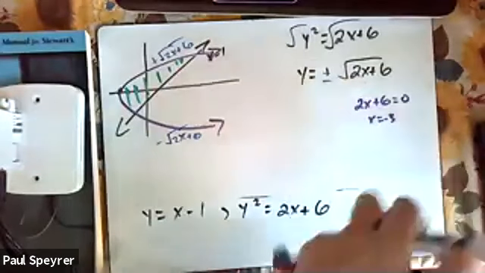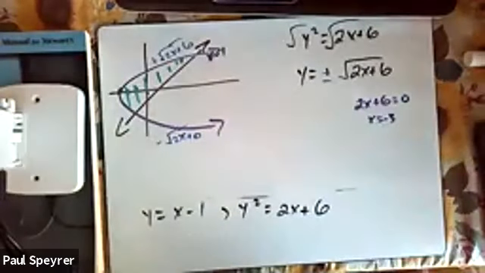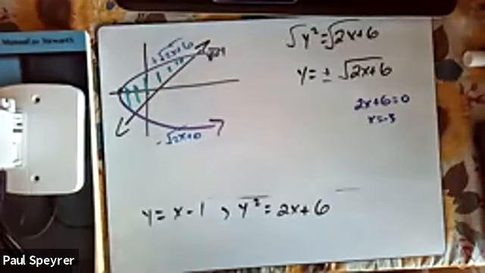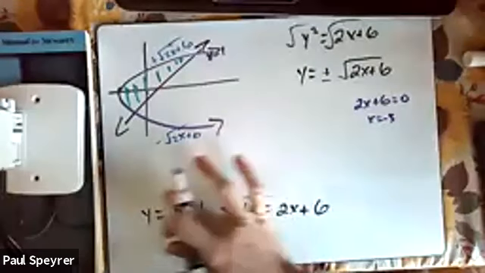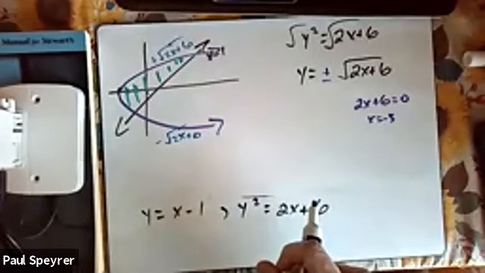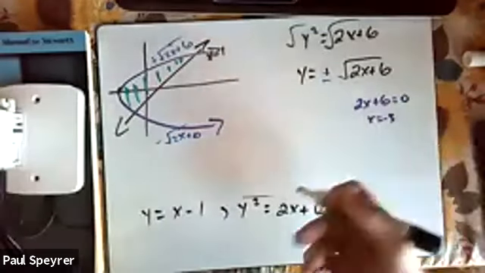How are we going to figure out where they intersect? Since we're doing this with respect to y, we need to have x equals blah, blah, blah for both of them.